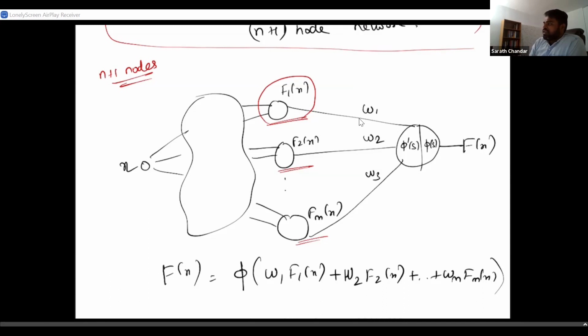By nodes, I just mean the units, not the layers. So the total number of nodes in this entire network is n plus 1.